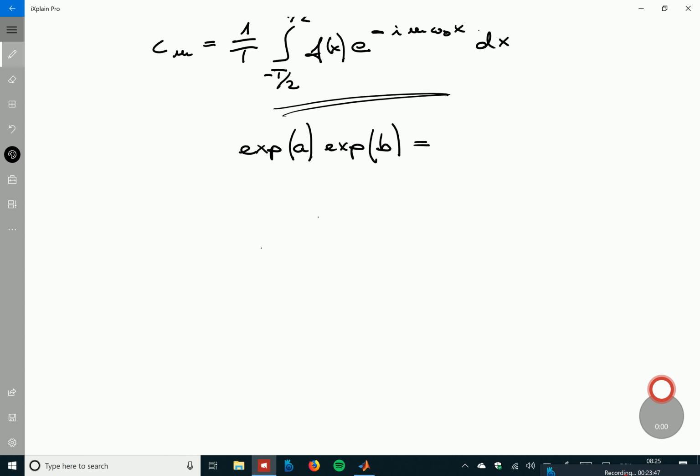So if you have the exponential of a times the exponential of b, that's the exponential of a plus b. So if you have e to the power of minus x times e to the power of x, that's then e to the power of minus x plus x. This is e to the 0, and that's 1. Thanks. Yes, it's a valid question. It's the kind of thing one either knows or doesn't.